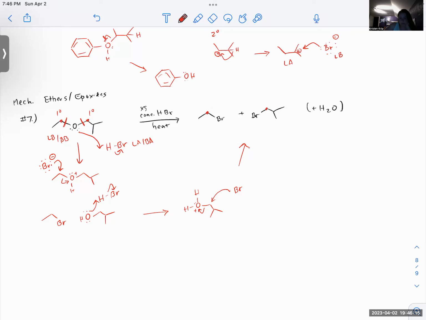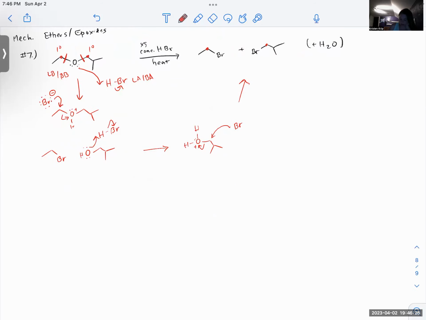So with number 5, we start with an SN2, but then we have SN1, SN1. And that's because we end up working with a secondary. So we are going to do a comparison. So with question number 5, let's compare. So we start with this. Here, this is actually a secondary.